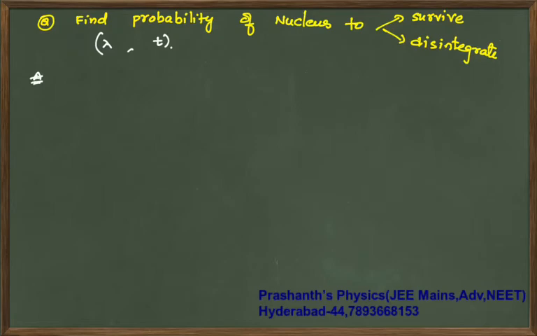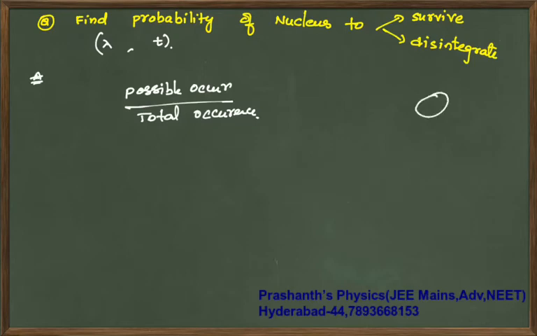Probability is occurrence by total possibilities, right? That is what you might have studied in your maths. Medicine people, you just mug up the results. Probability is possible occurrences by total occurrences. For example, if you toss a coin, it will be either head or tail.